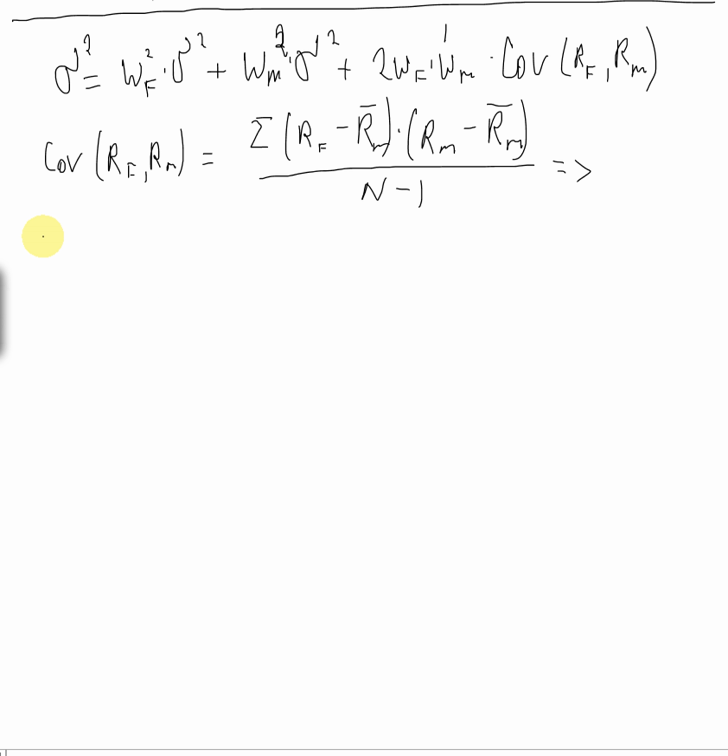So this would then be, it's a long one, minus 18 minus the average 8.25 times 26 minus 8.5. These are the averages that we calculated, and these are the returns for each year.